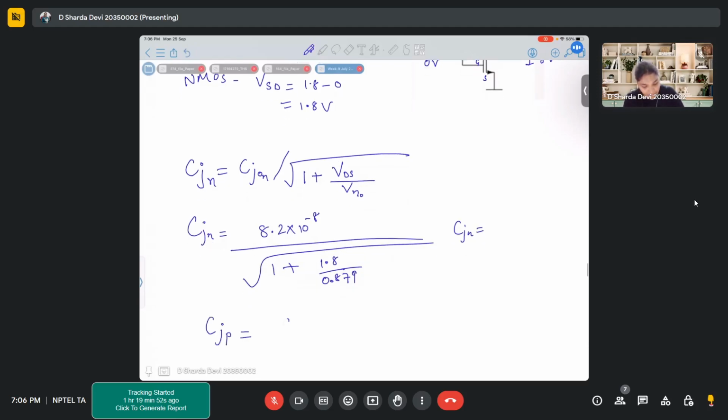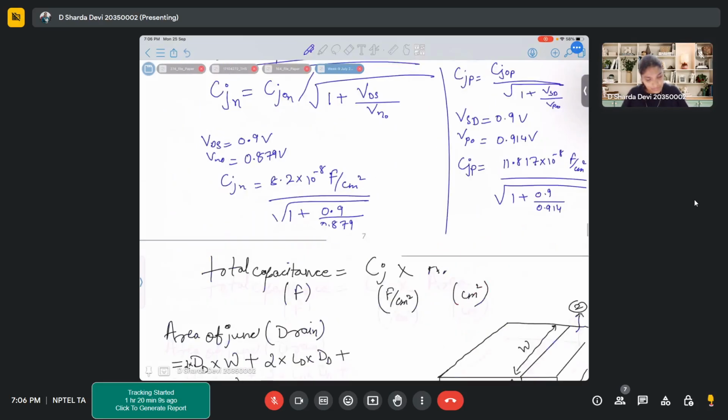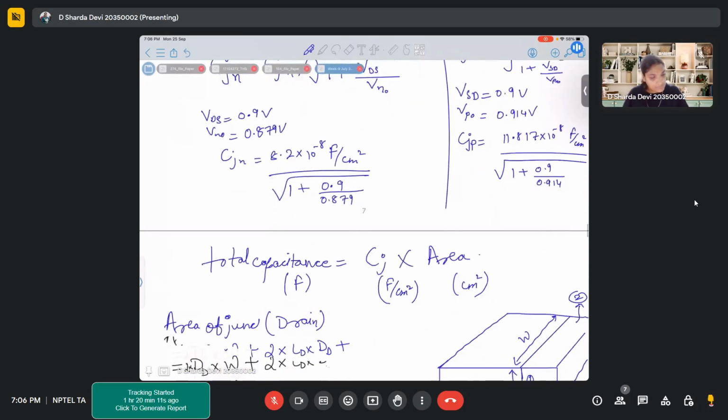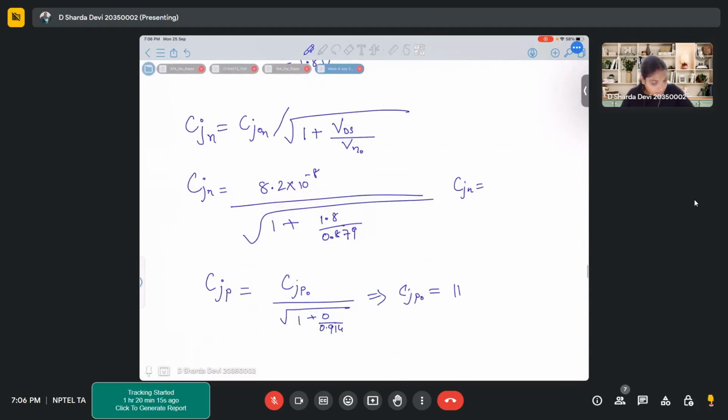Whereas for P it will be Cjp naught by root over 1 plus 0 by 0.914. So it is Cjp naught, which was already 11.817 into 10 to the power minus 8 per centimeter square.